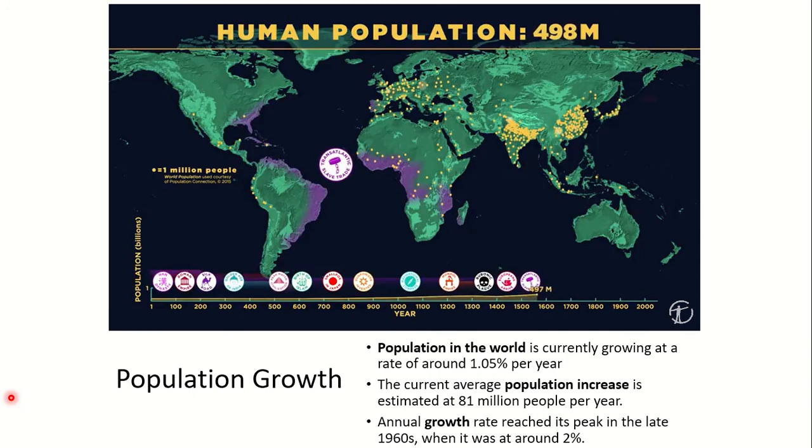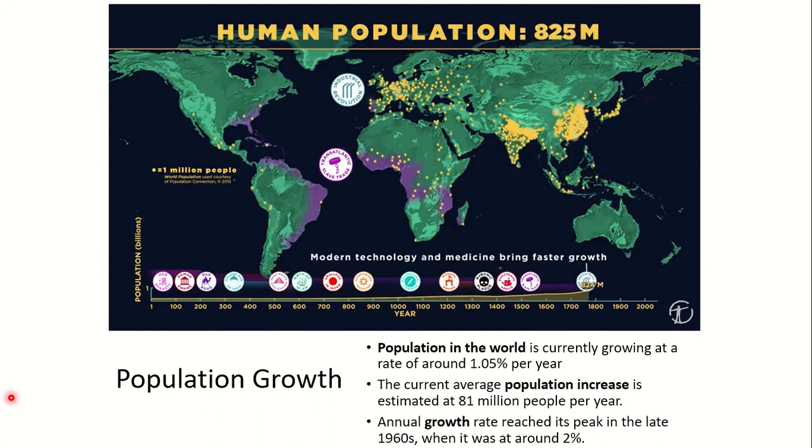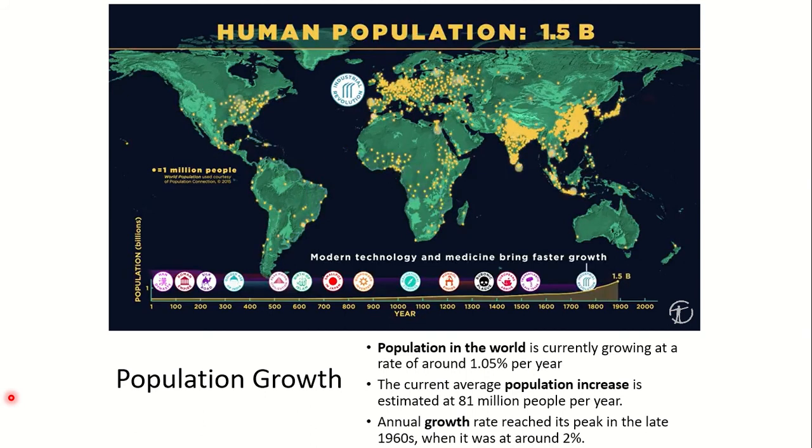Now, as we move into the 1700s, there are improvements to how we farmed food, and therefore food supplies became more reliable, and you can see that the global population begins to tick upwards, just gradually. As we move into the 1800s, the industrial era meant that we were able to produce far more food, clothing, and most importantly, advances in science and medicine meant that things like soap became freely and easily available.